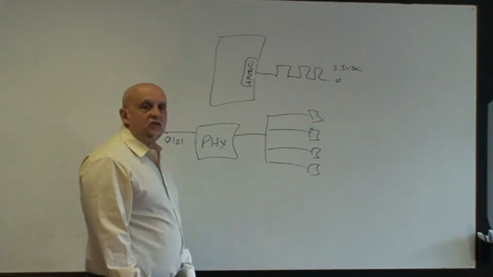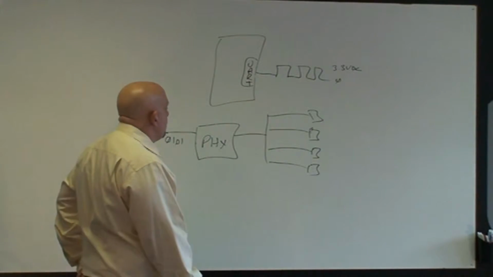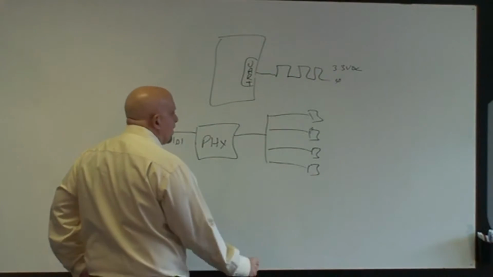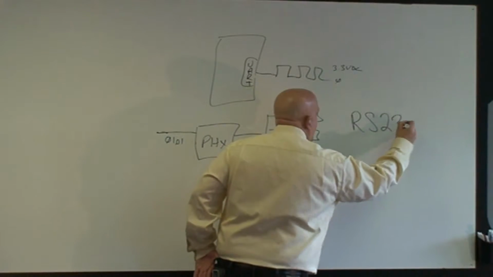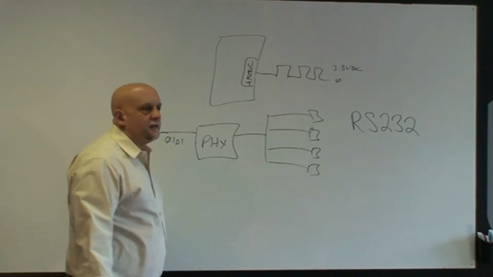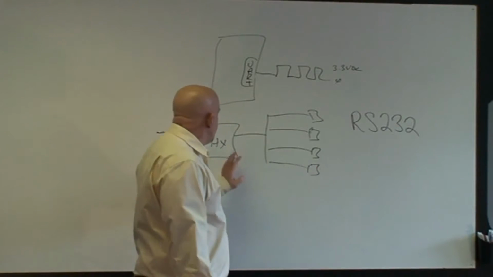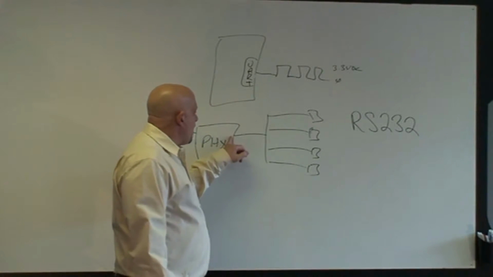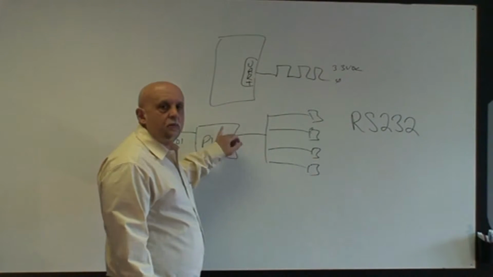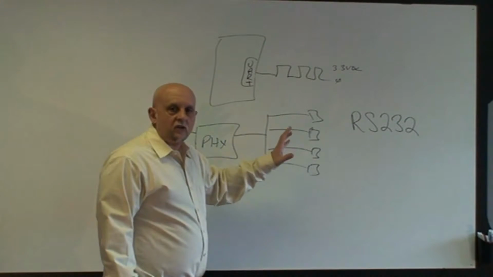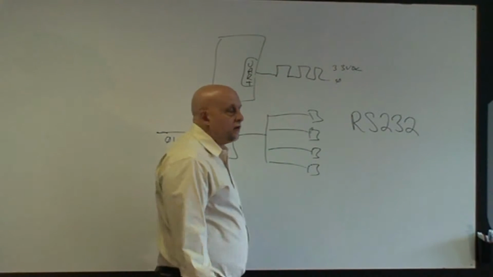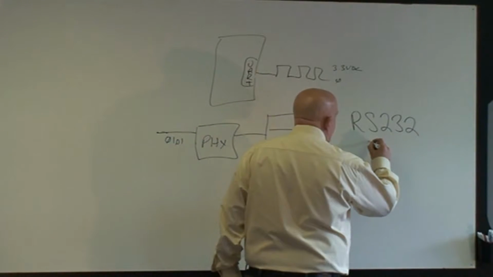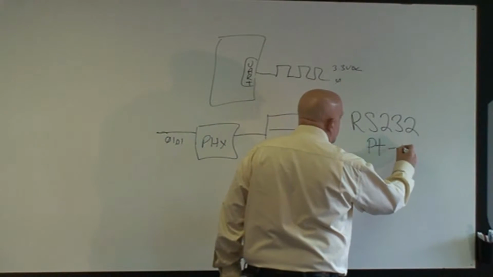Now there's a couple of different standards here that I want to talk about. Let's talk first about RS232. That's an electrical standard for the physical drivers that put these electrical signals out on the wire. The characteristics of RS232 are point-to-point communications.